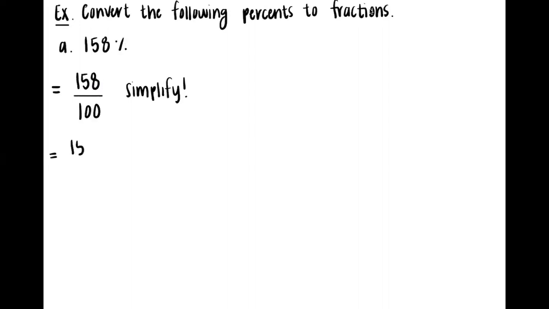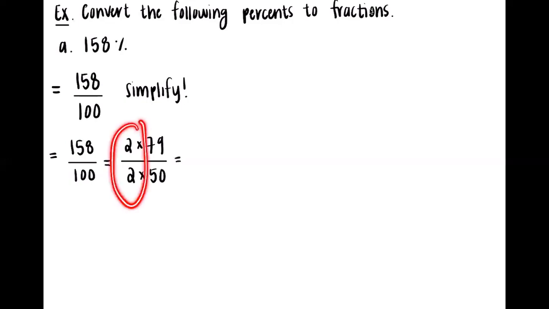So let's simplify. Well, for 158, 2 times 79 is our product, our factors. For 100, we have 2 times 50. And again, if you notice here, this is our form of 1.